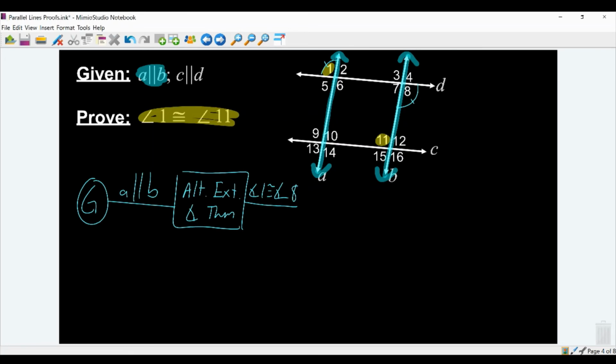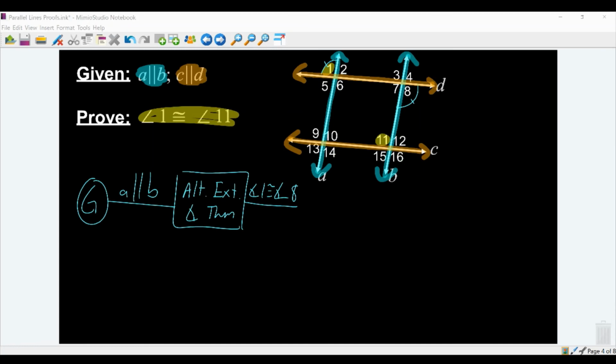Now I need to go ahead and make a connection using my second set of parallel lines. So I'll go ahead and do that in orange, just so we can see that difference. So now I'm using C is parallel to D. So I'm going to go ahead and highlight C is parallel to D. And because I'm using C and D, I've already got 8.